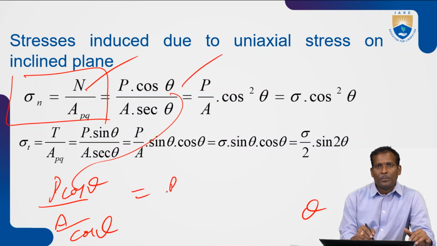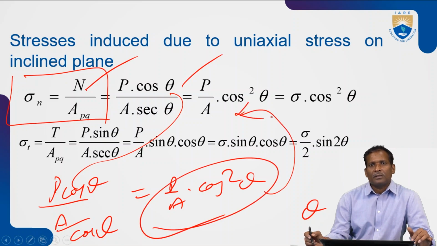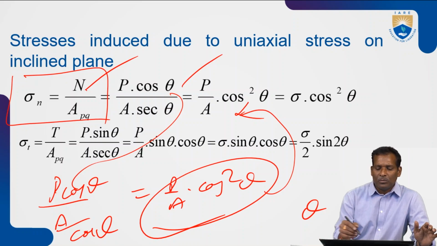So now P by A cos square theta, shown here in this equation. You can write P by A cos square theta is equal to, what is P by A?